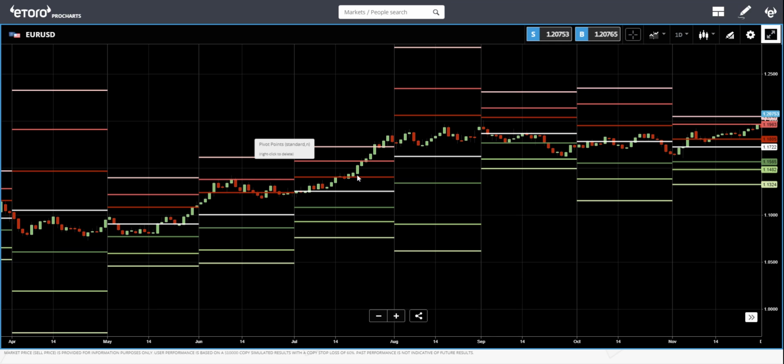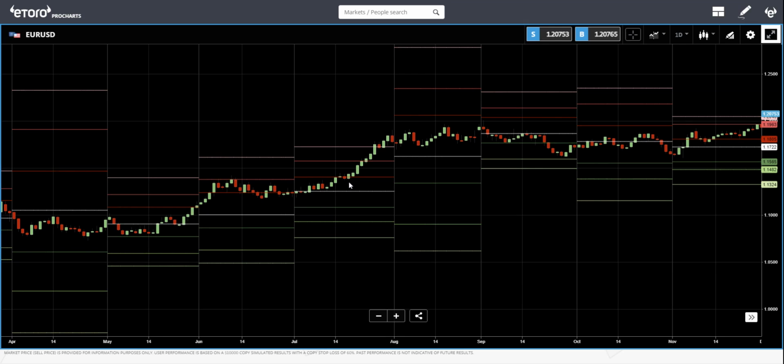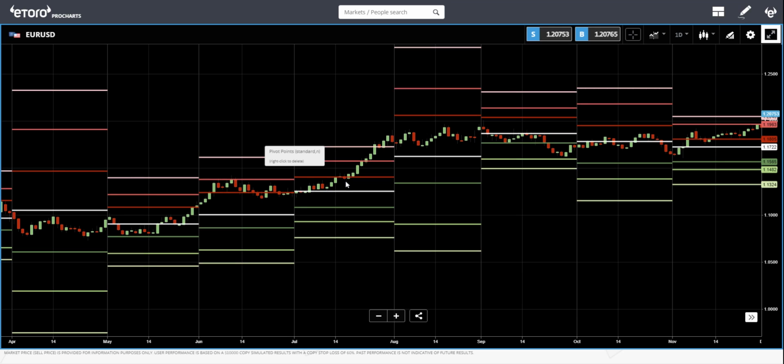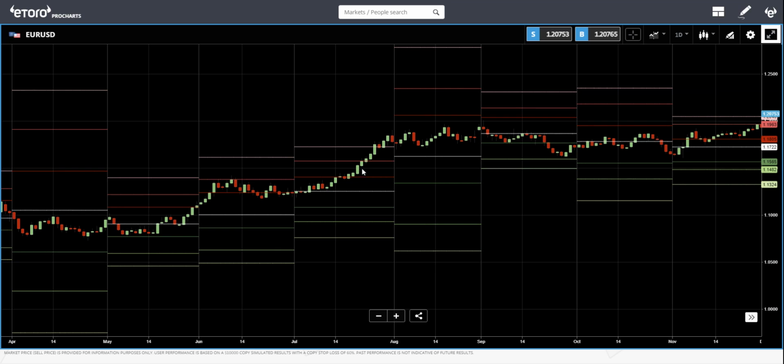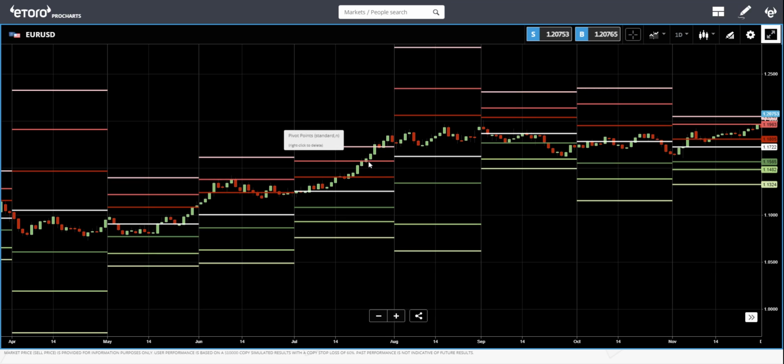So then you can just put the stop loss below the resistance line and either put a take profit at the next resistance level, or just let the trade continue. And again, when you reach the next resistance level, same thing.